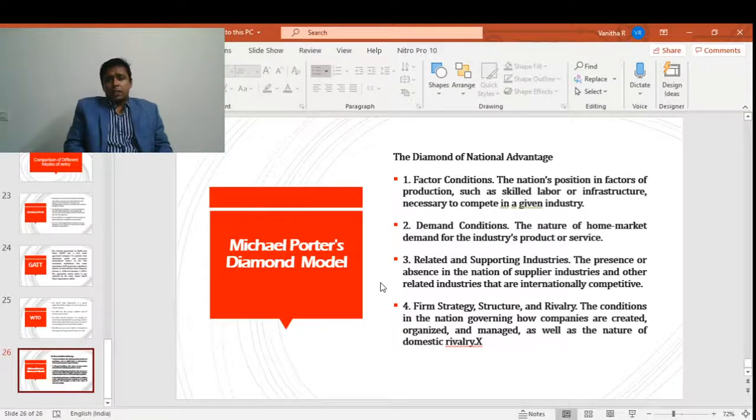Factor conditions are nothing but the position of a country in factors of production. Even in Adam Smith's formula, we spoke about it. If you remember, we discussed it.